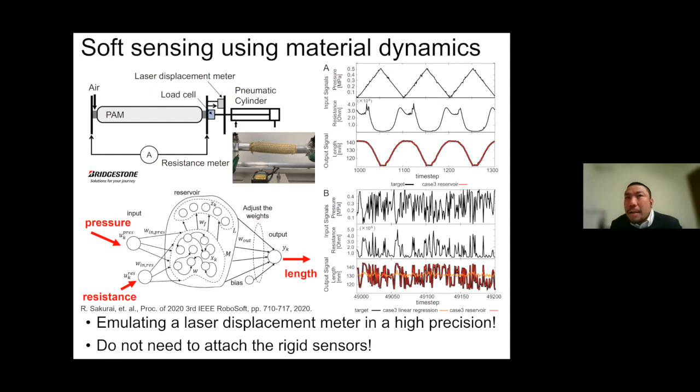So even if you have the current state of the pneumatic actuator, you cannot uniquely determine the length. It has some context dependency, but because this reservoir part can deal with this memory, we can nicely predict the length of the pump without using these sensors. This is the example.